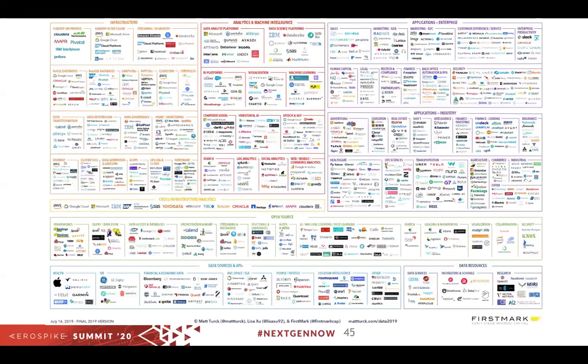But this is not the reality out there, and there are other examples of tools that were not included in this bare bones application. And just to give you an example, this is a snapshot of the AI market in 2019.